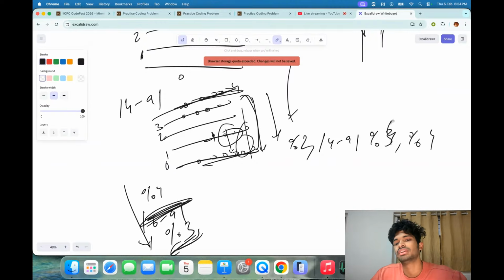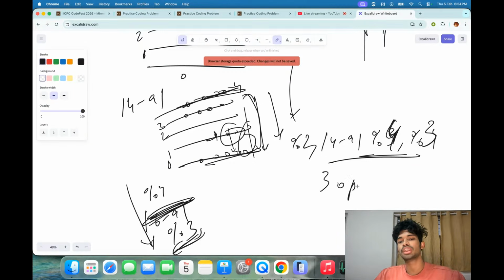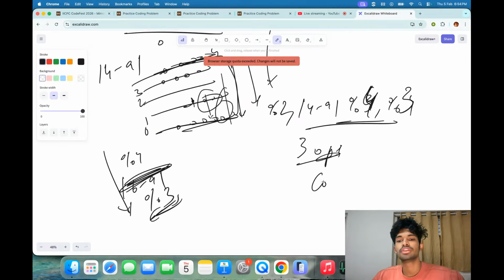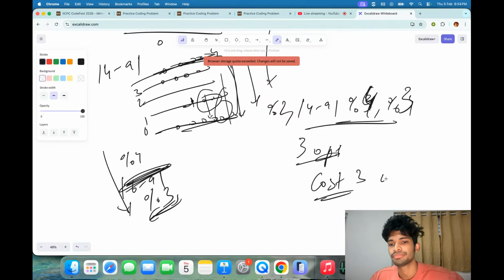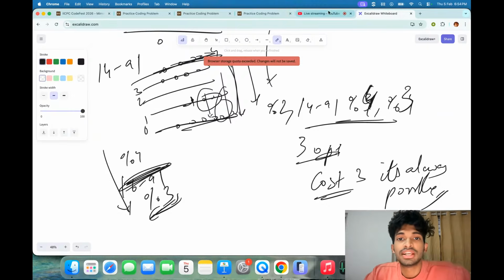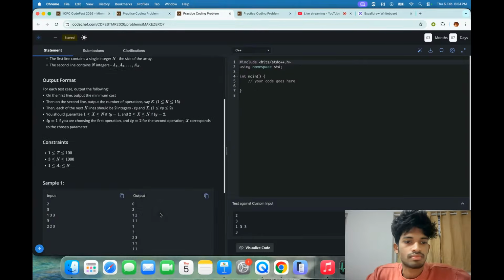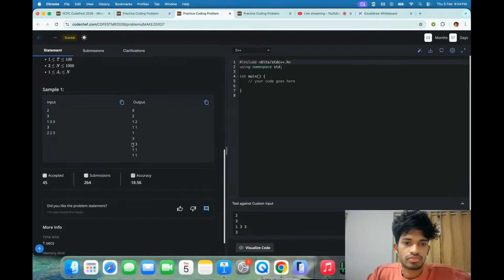Remainder 4, remainder 3. Yeah, sorry. So in three operations you can do. In the worst case, the cost is 3.